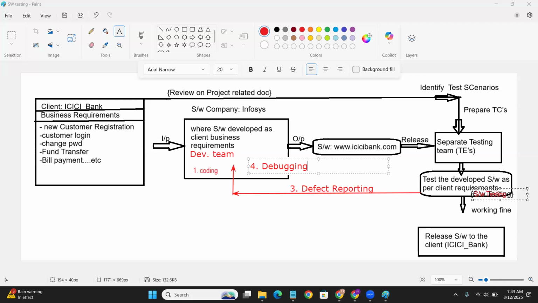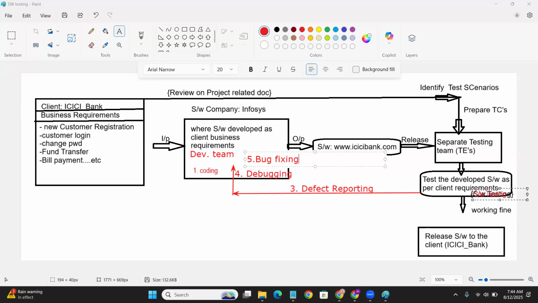So they analyze the root cause: why this defect is raised, where they made a mistake. That analysis we call debugging. After that, they go for bug fixing. Bug fixing means modifying the source code of the application in order to solve the defect.